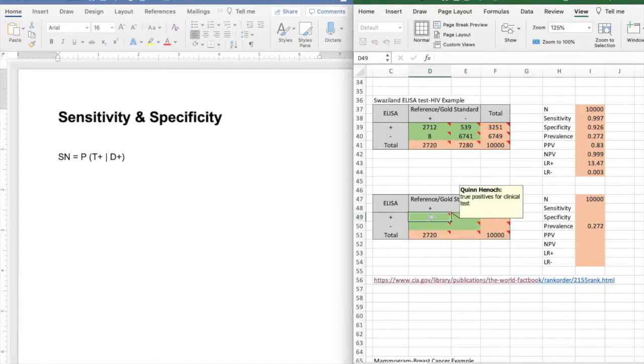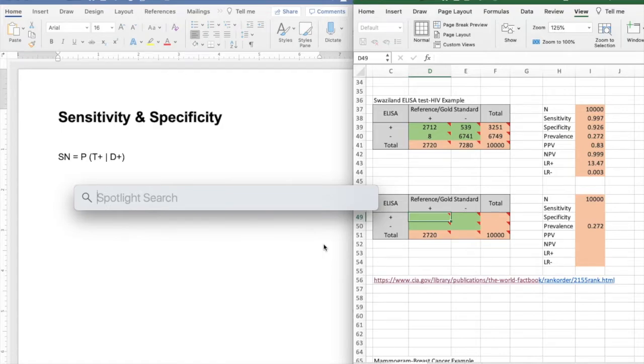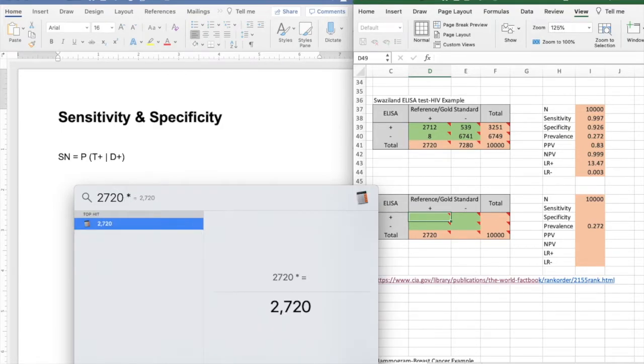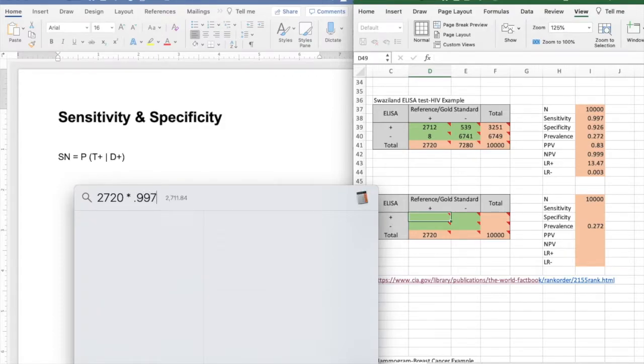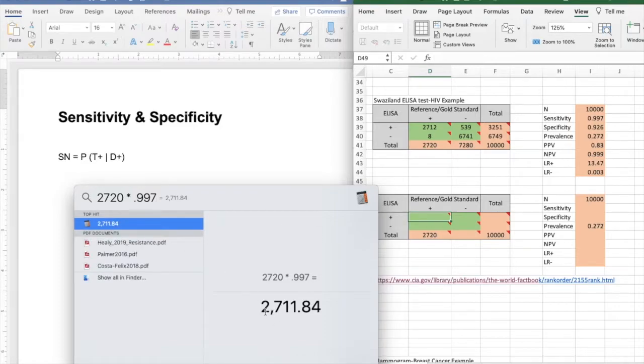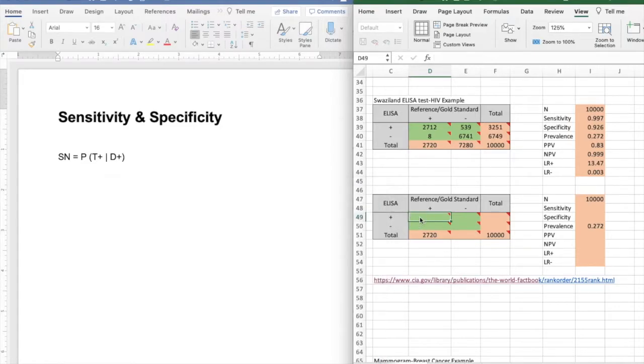So that's going to be 99.7% of the prevalence number. So 2,720 times 0.997 is about 2,712.